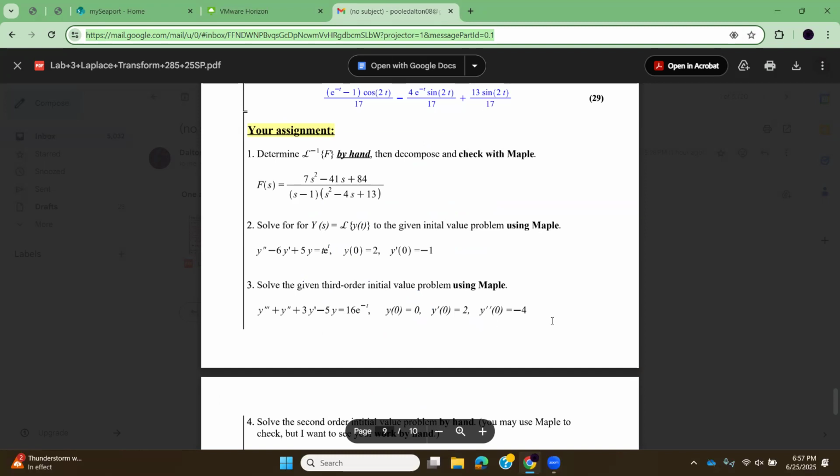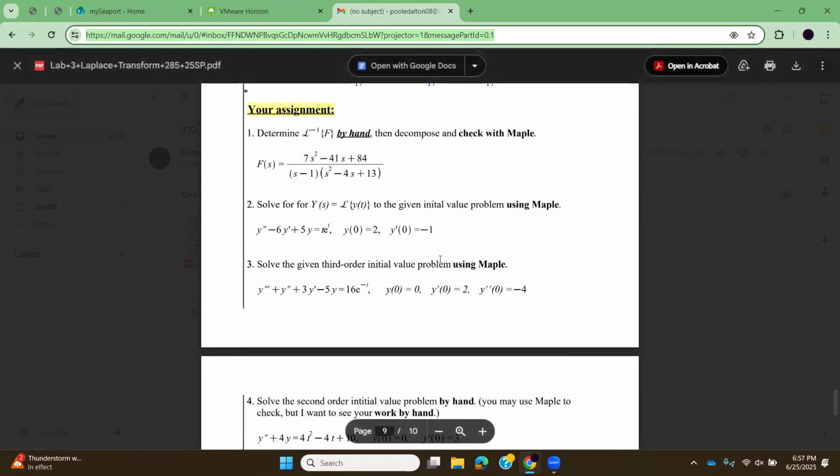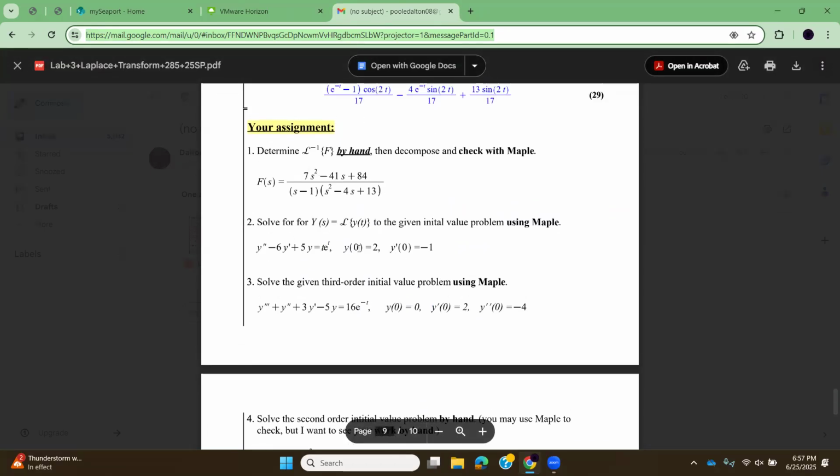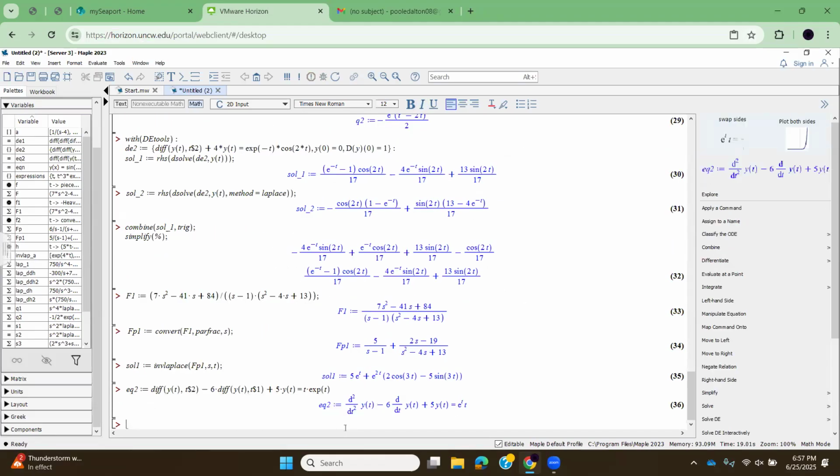And then we got to solve it using the initial value problem. So they gave us two initial conditions. And so we'll just go ahead and write that. So there's our equation, just like we needed.